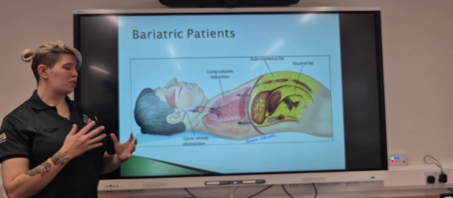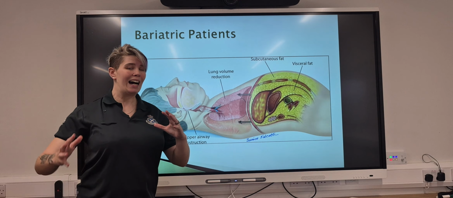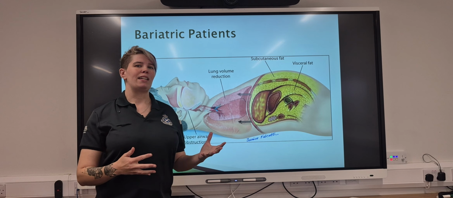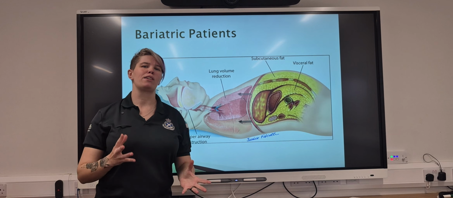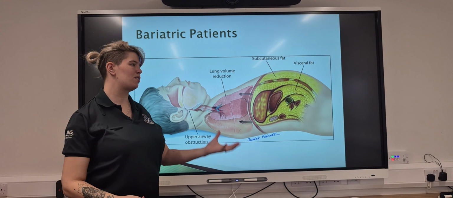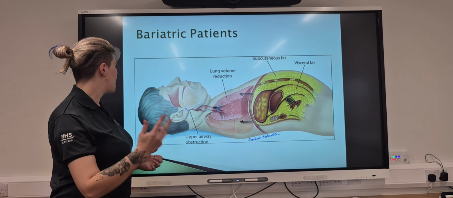So for someone like this, if you walk in and you see someone who is carrying a little bit extra weight, know immediately, okay, I'm going to have a little bit of difficulty ventilating here. I'm going to have more difficulty than with a normal sized person inserting an airway and managing that airway.